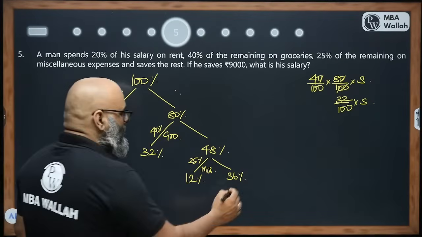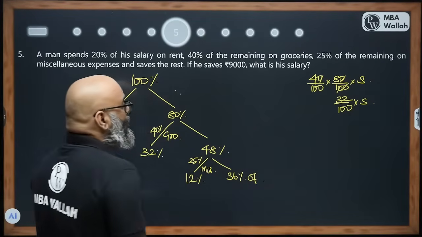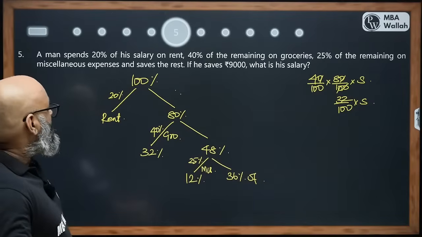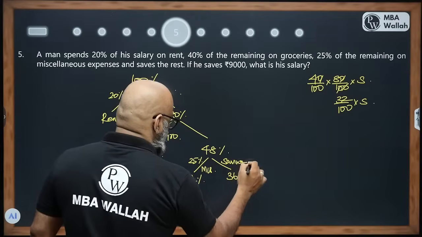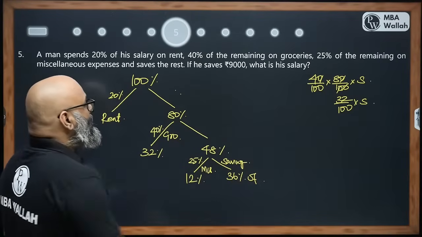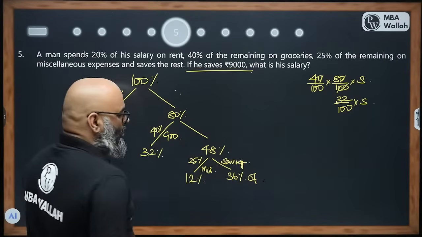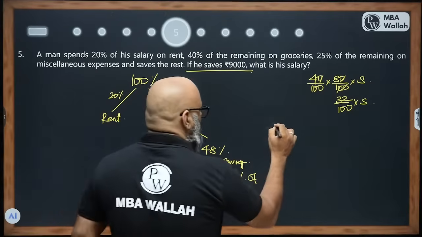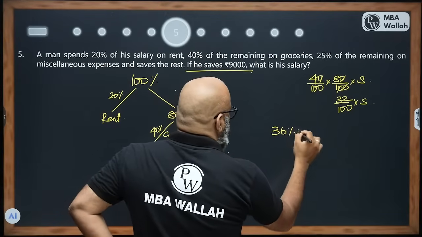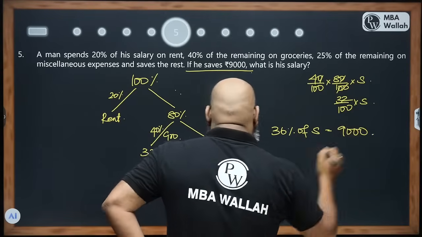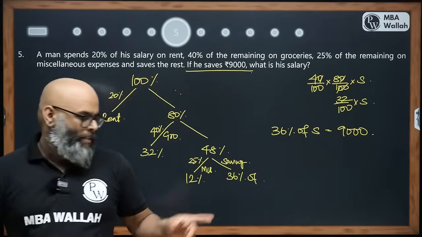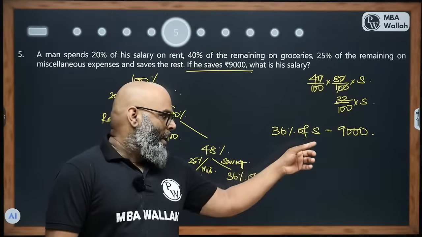So 36% of my salary is left out. That 36% is your savings. The data says he saves 9,000, or in other words I can say 36% of salary is 9,000, because 36% is saved.